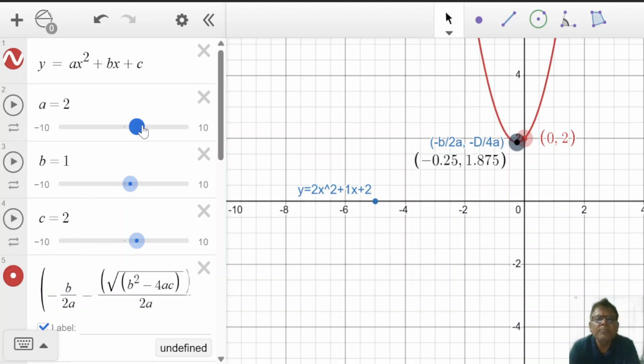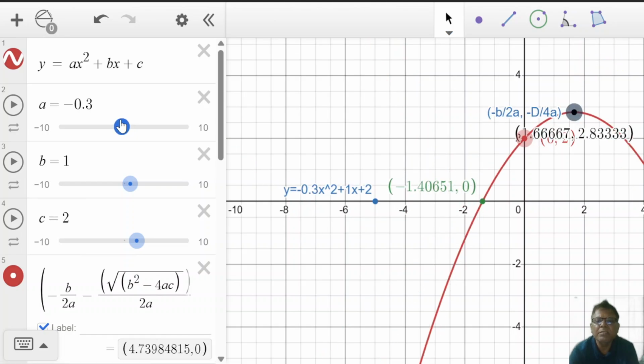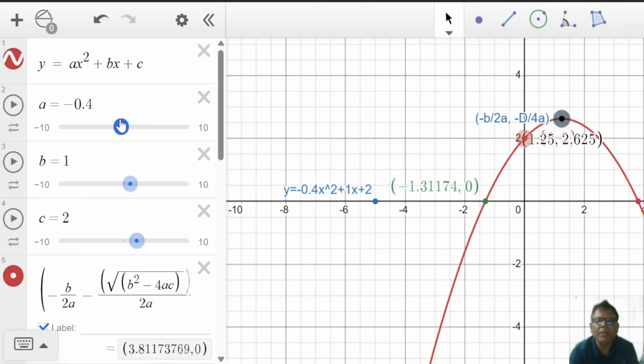Now we will see the behavior of the quadratic function. The quadratic function, we know, is the equation of a parabola. Let us see a, which is the coefficient of x square. If it is negative, then it is concave downward, and if it is positive, then it is concave upward.